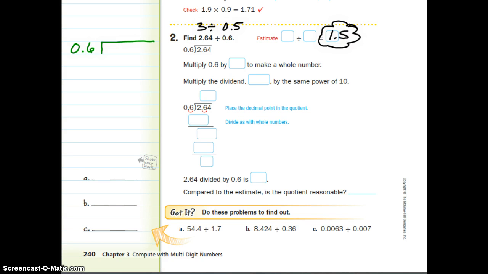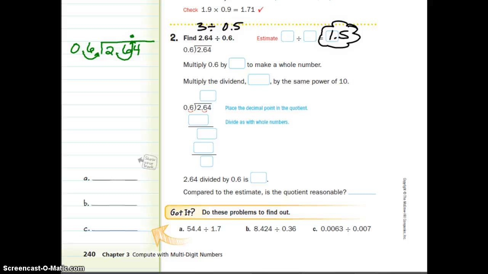0.6, 2.64. Bunny hop on the outside, got a whole number, immediately make my J place my decimal. Now again, equal number of bunny hops on the inside and outside. If I make 1 on the outside, I make 1 on the inside. If I make 2 on the outside, I make 2 on the inside. That is very important.